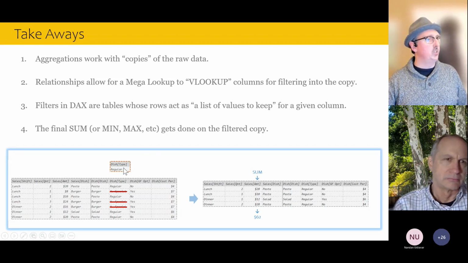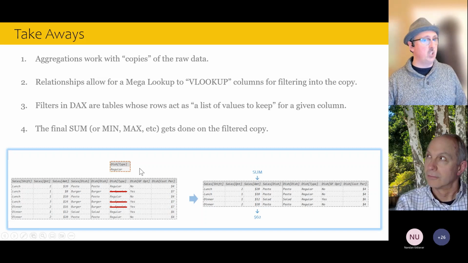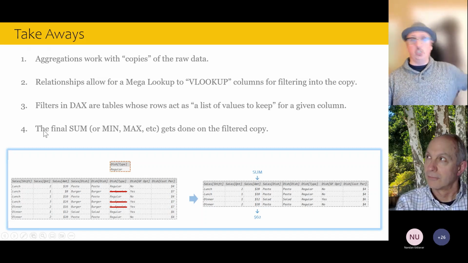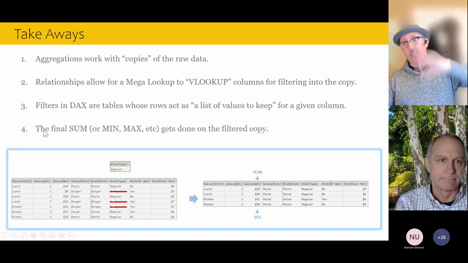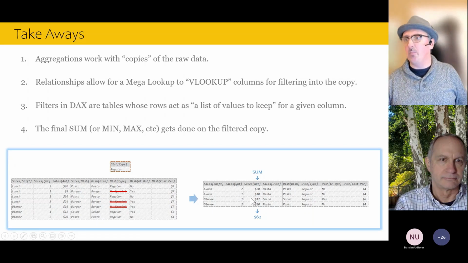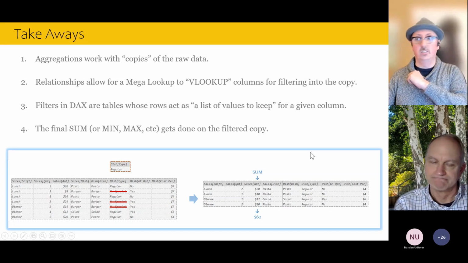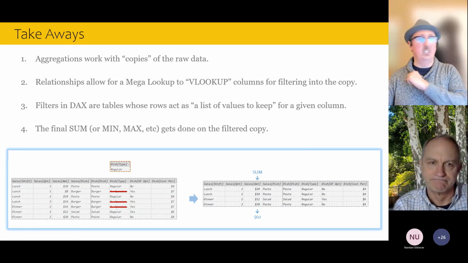So if we've got a filter for dish type equals regular, it'll filter based on those common column names. And that final sum or min or max or whatever is going to get applied to the final filtered copy. Okay. Questions about that? Okay.